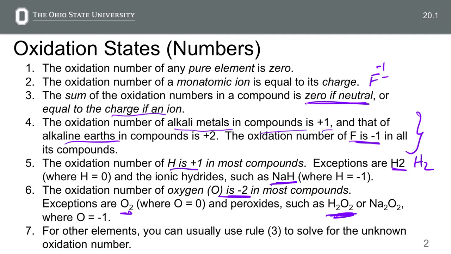In hydrogen peroxide, oxygen has a -1 oxidation number instead of -2. So for all of the other elements, you can use these rules plus the fact that everything sums up to the charge of the ion or the molecule to solve for the oxidation numbers of others.